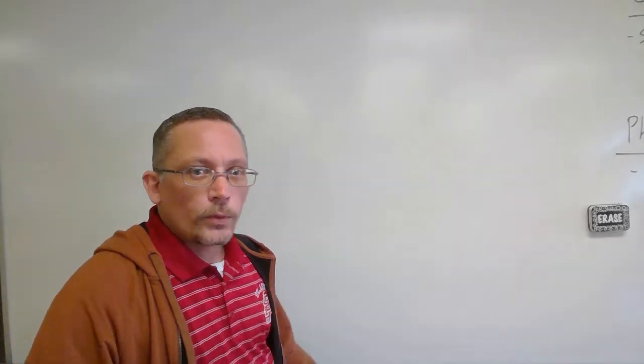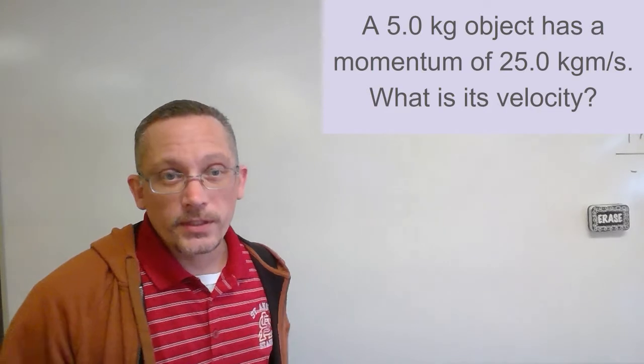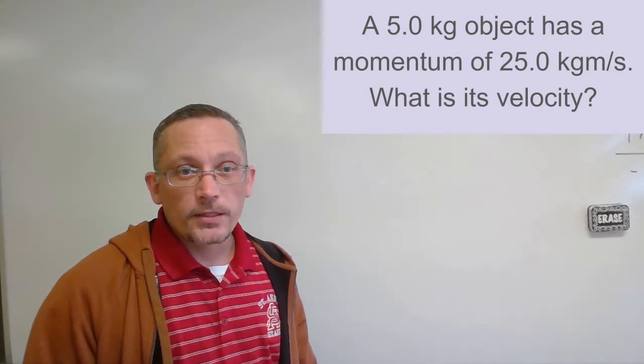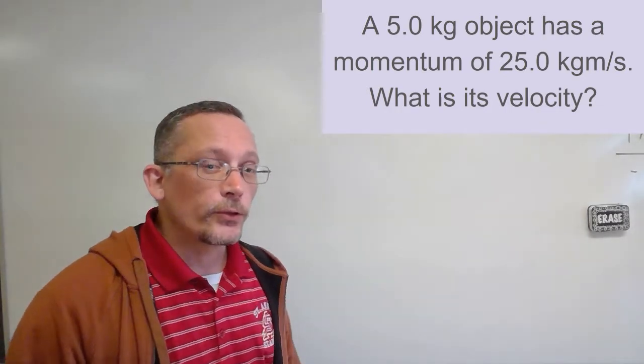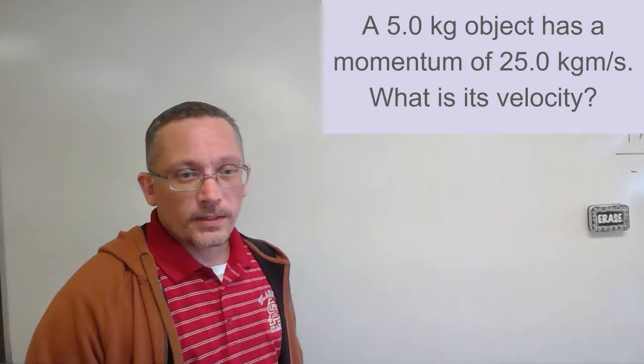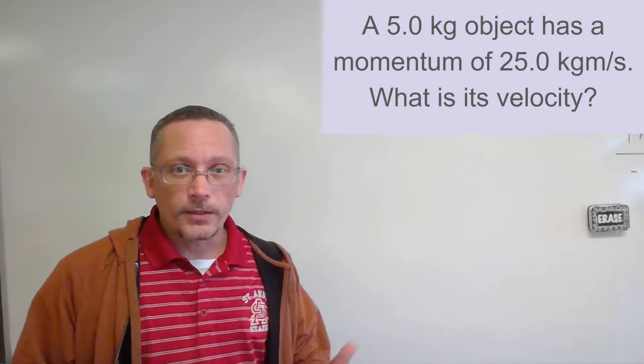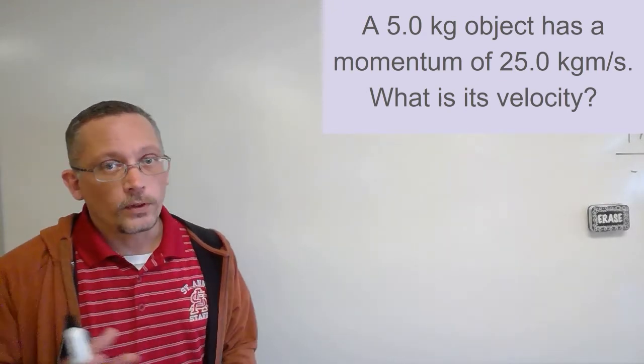Let's have just one more example here. This one says a 5.0 kilogram object has a momentum of 25.0 kilogram meters per second. What is its velocity? So this one is giving us the momentum, and it asks us to find one of the other things.